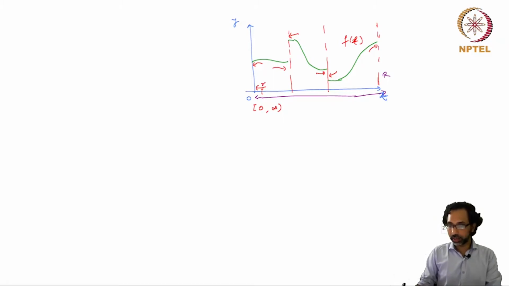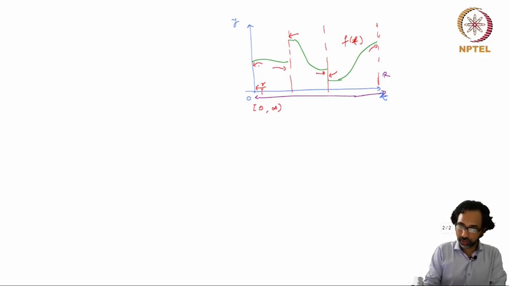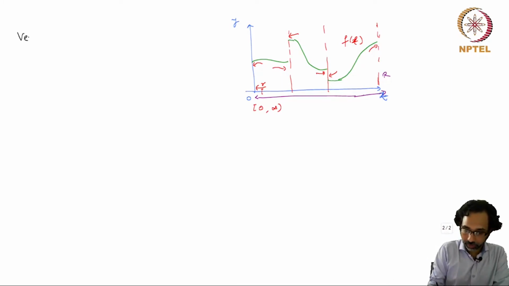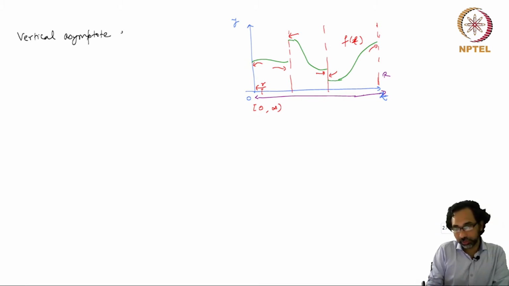We want it to be piecewise continuous towards the right, but as you approach 0 it will have what we call a vertical asymptote. So what is a vertical asymptote? A vertical asymptote at t equal to 0.